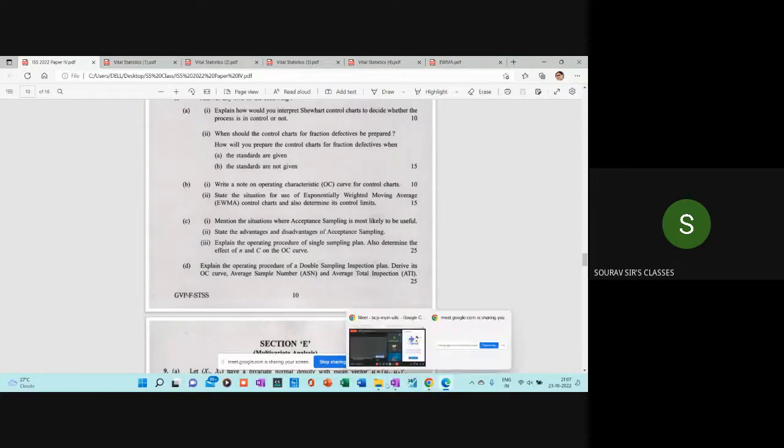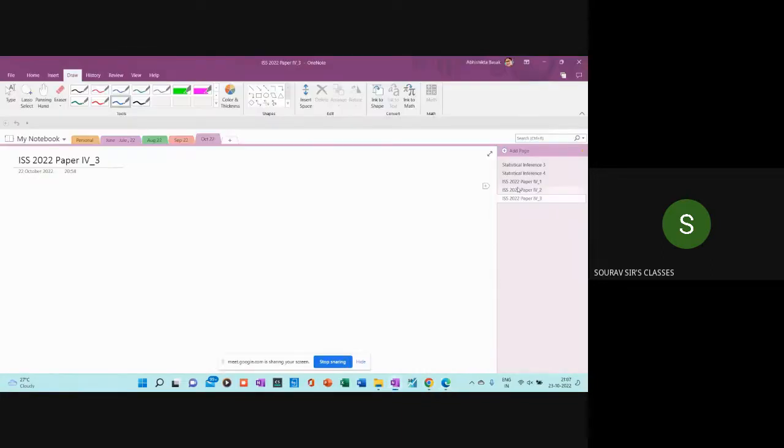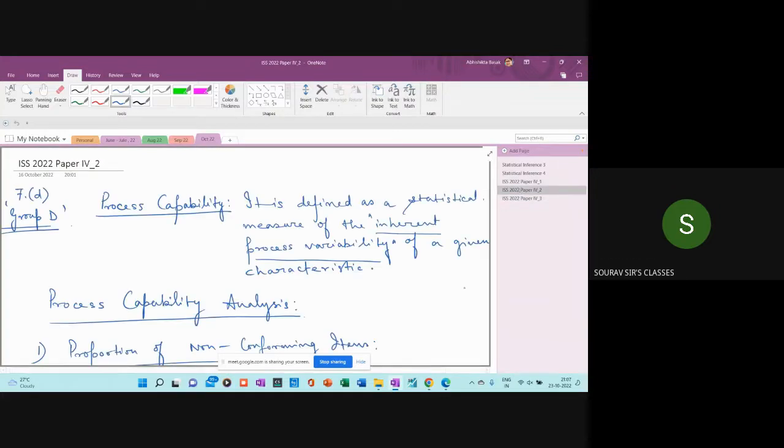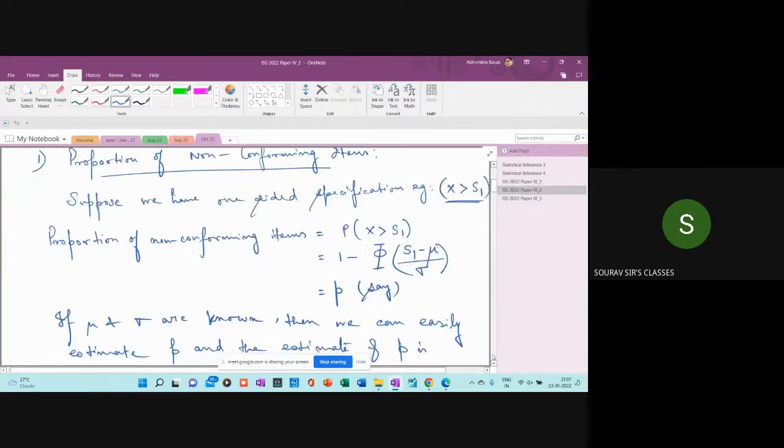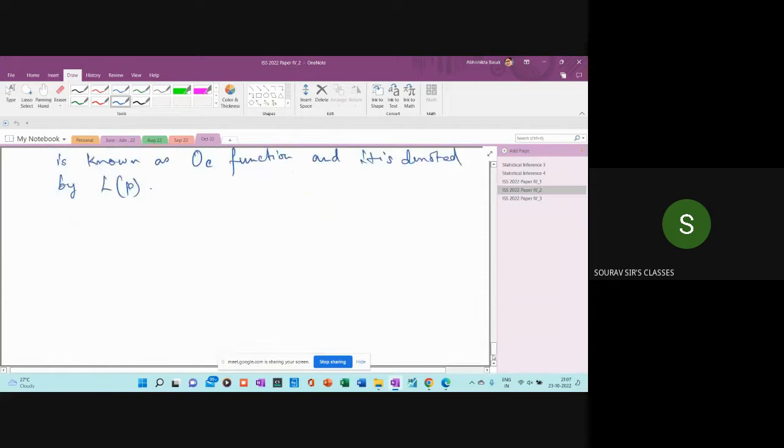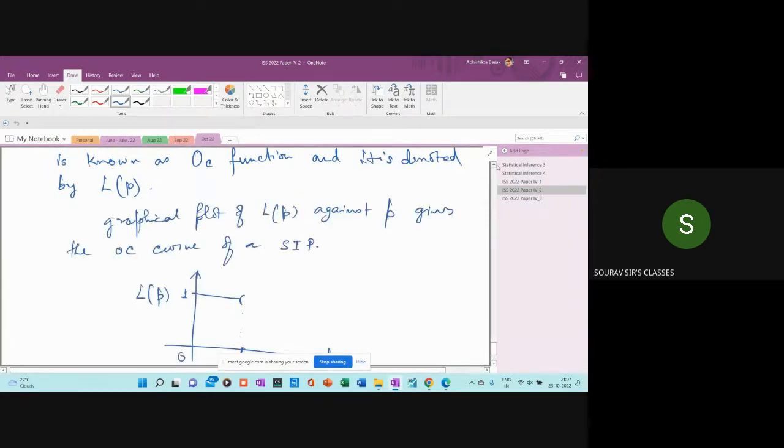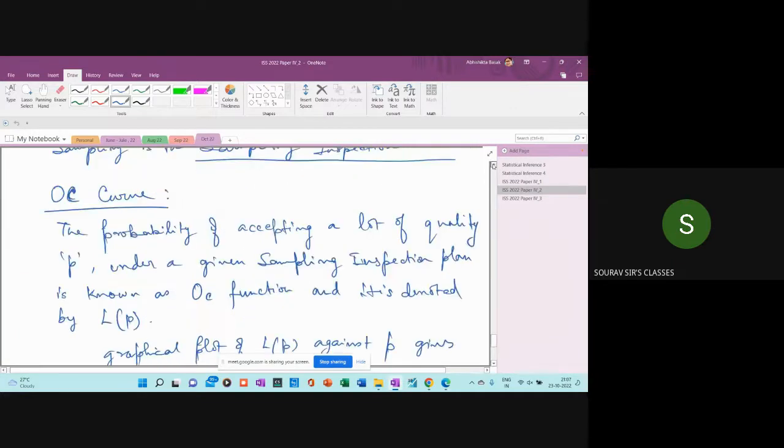Let me show you 8 part B1. This was the OC function related question, that is, what is the OC curve.